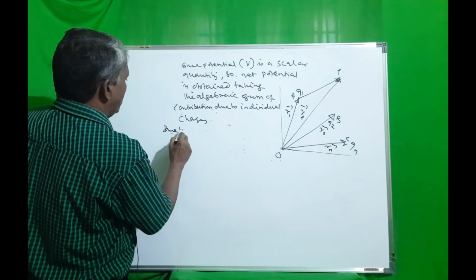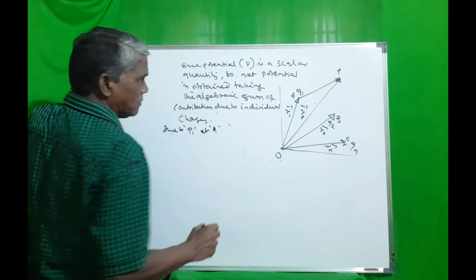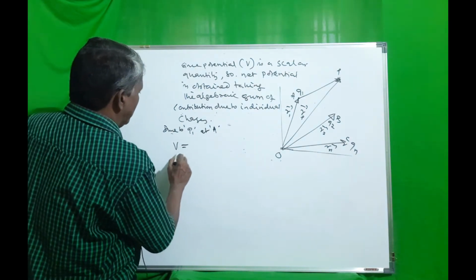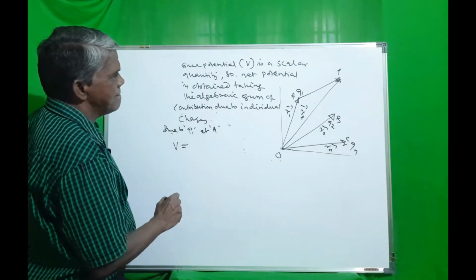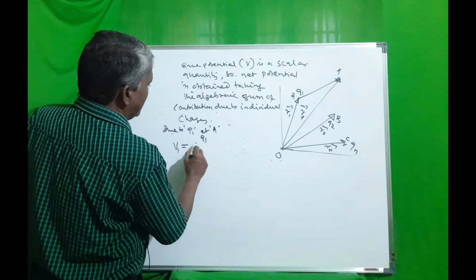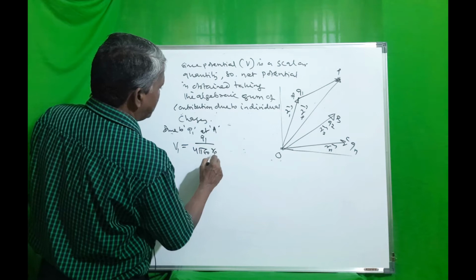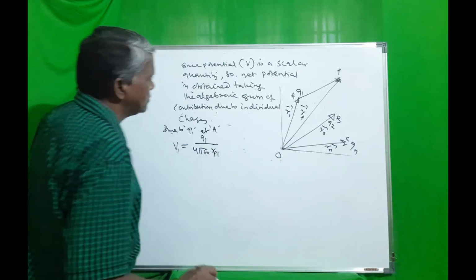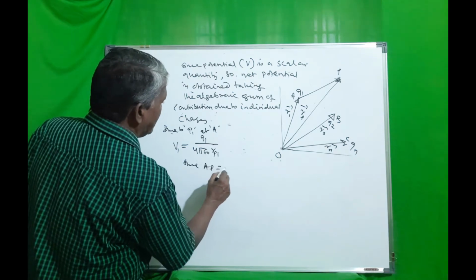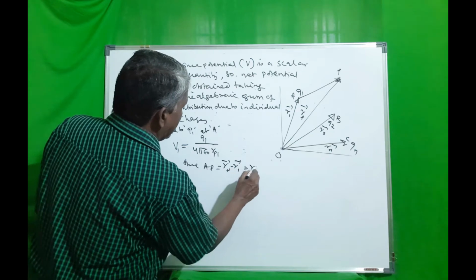Due to q1 at A, V1 is equal to q1 by 4 pi epsilon 0 rp1, since rp1 is equal to rp minus r1.